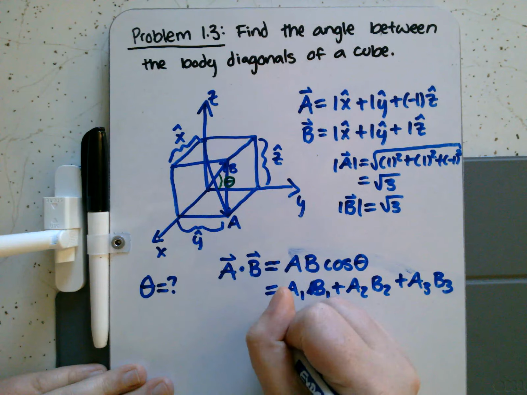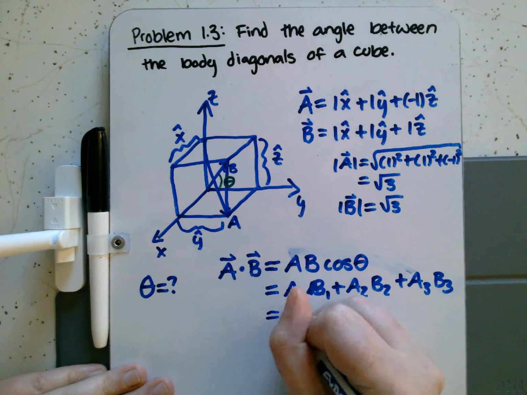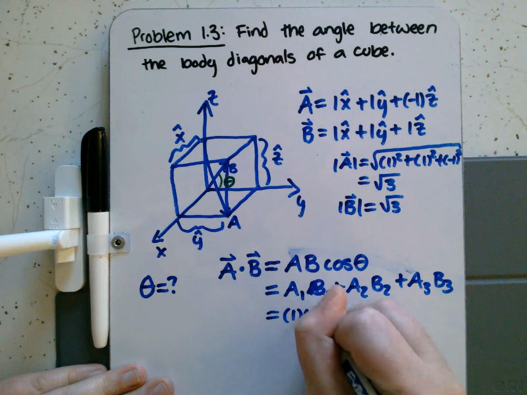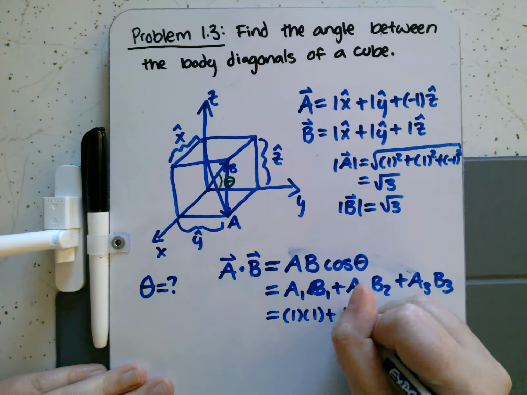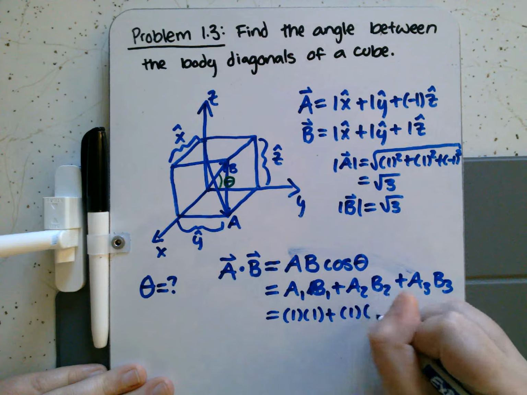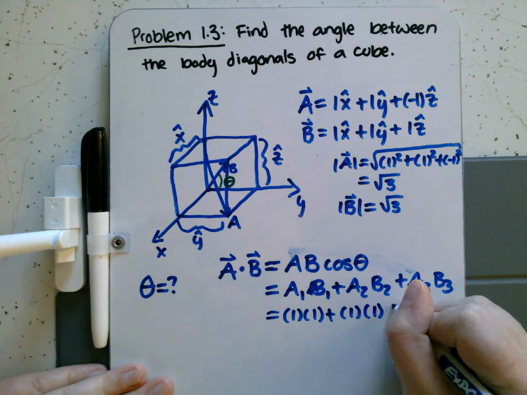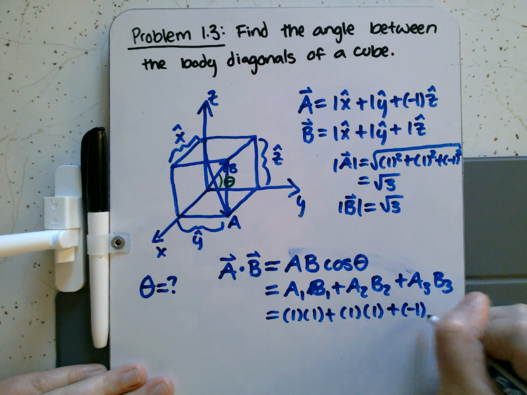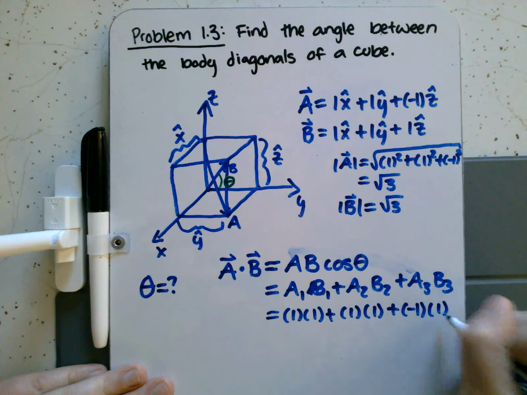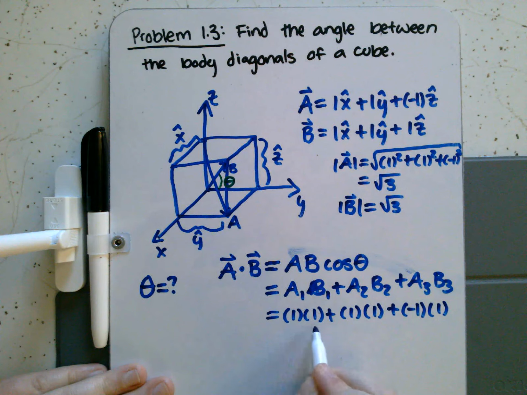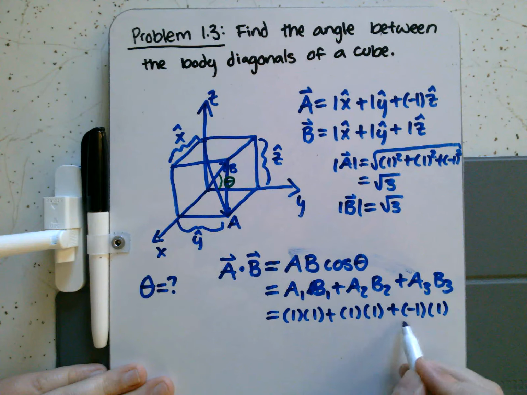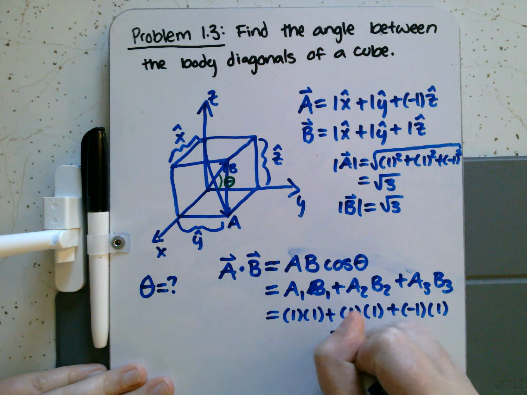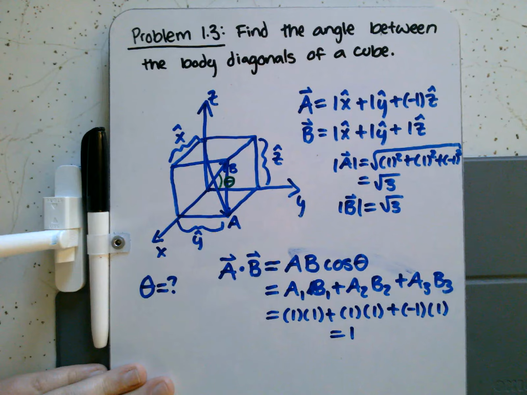And now we've already written the vectors in this individual component form. So what I can do is just plug those values in. I'm just plugging in the values for X, Y, and Z in this A and B. And what we find is that we have 1 plus 1 minus 1. So in total, this equals 1.